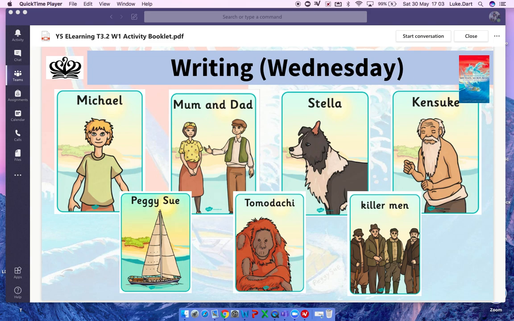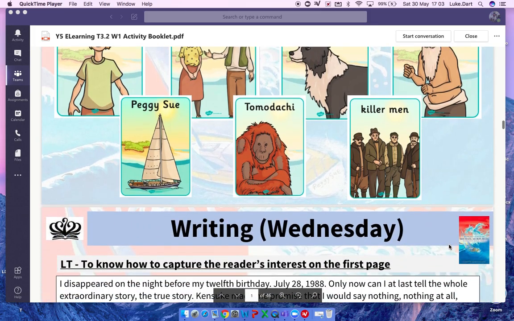You've then got this orange looking fellow, an orangutan called Tomodachi. He plays a very important part toward the middle of the book. And finally then at the very end you've got killer men. Don't sound very nice at all, do they? But they again play a very important part in the story a little bit later on. Again, it's a really good idea if we know the characters, who they are, and then we can piece together what happens with them and when.